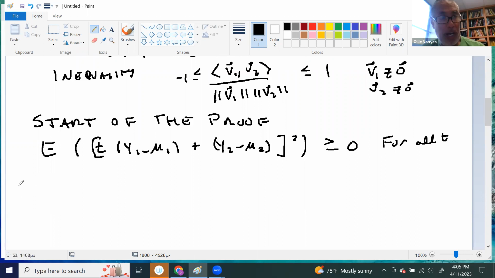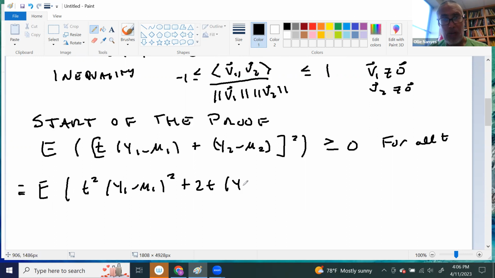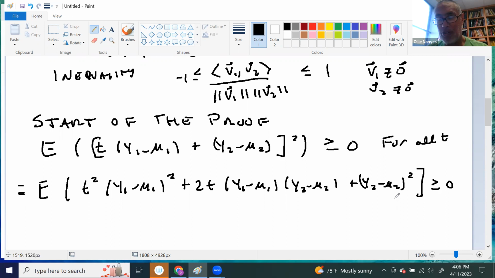Now we're going to start using the linearity of the expectation operator all over the place. You square this, so this will be t squared times (y1 minus mu1) squared, plus 2t times (y1 minus mu1)(y2 minus mu2), plus (y2 minus mu2) squared. And that's going to be greater than or equal to 0 for all t, just like before.